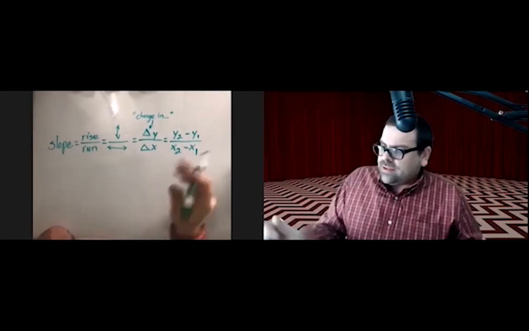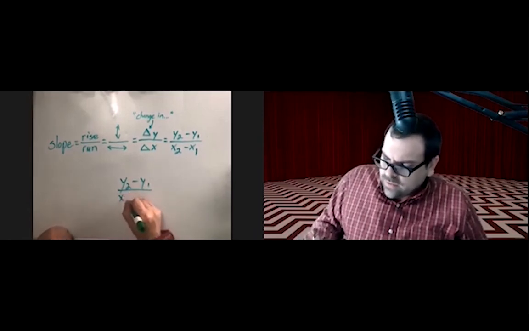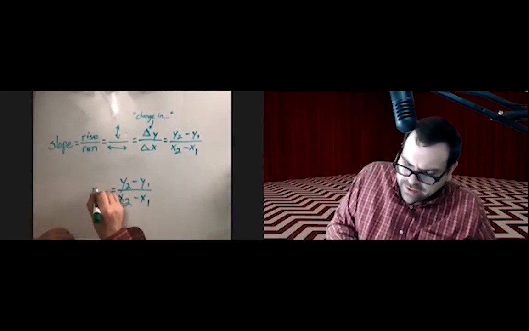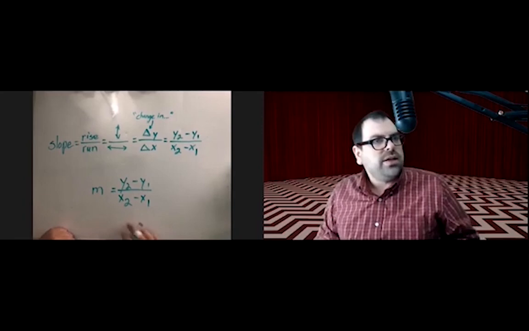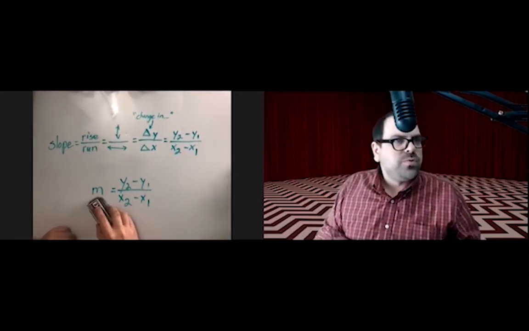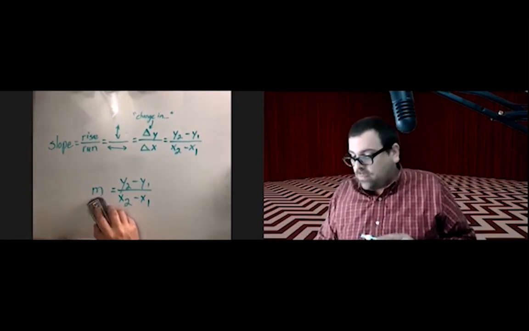So this is what we call the slope formula. y2 minus y1 over x2 minus x1. And slope in math generally uses the letter m. So when we see m, that's going to mean slope.